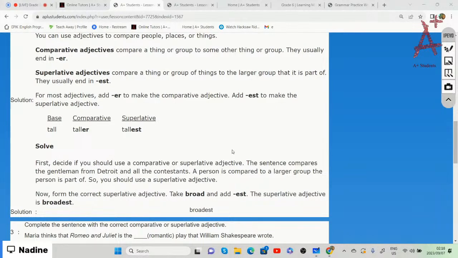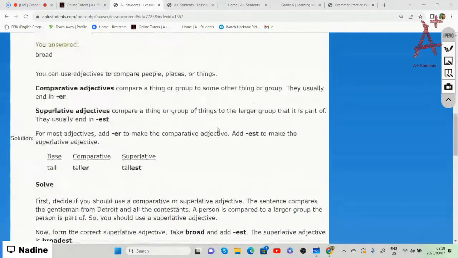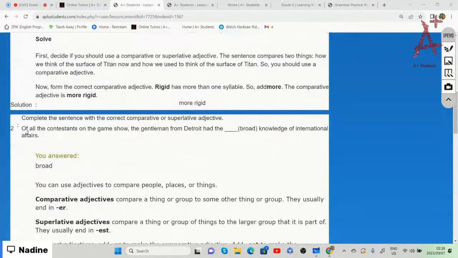So it is a superlative adjective. And since it has one syllable, we are just going to say it is broadest. So, of all the contestants on the game show, the gentleman from Detroit had the broadest knowledge of international affairs. Well done.